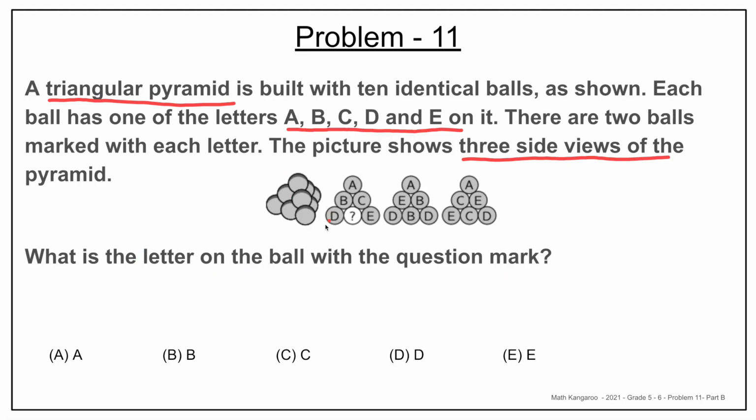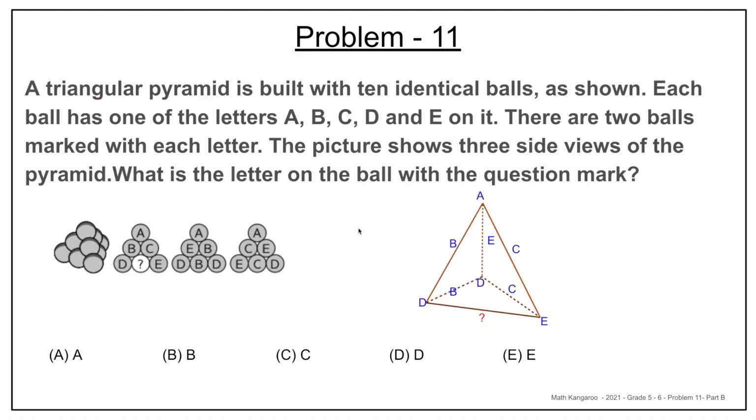So this is our full pyramid and these are the different faces of the pyramid. Now we need to figure out the letter that should go in the place of the question mark. First, let's visualize the shape as a triangular pyramid.